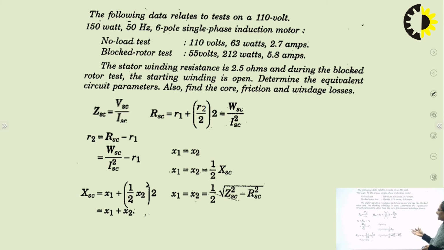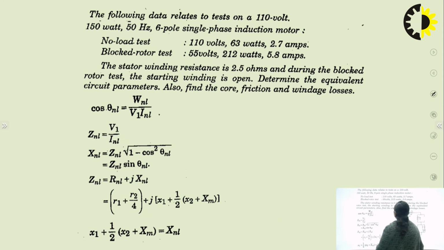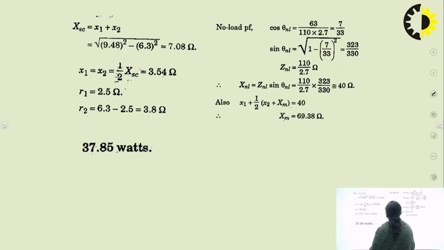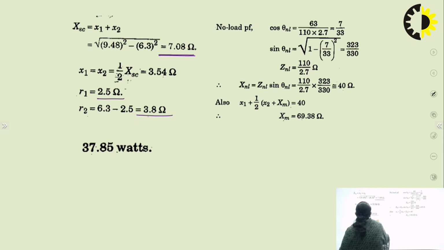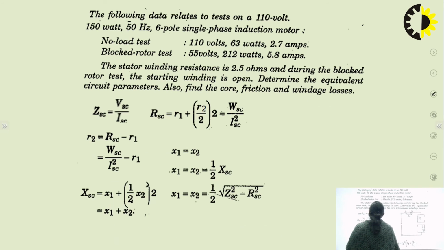All this I have already told. Now, let me give you the values over here. XSC comes out to be 7.08 ohms, right? R1 is 2.5, R2 comes out to be 3.8. Let me write down these values over here.